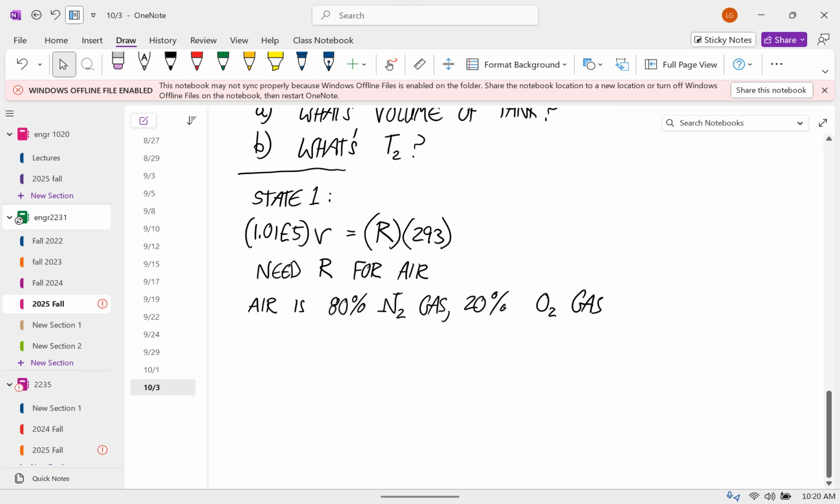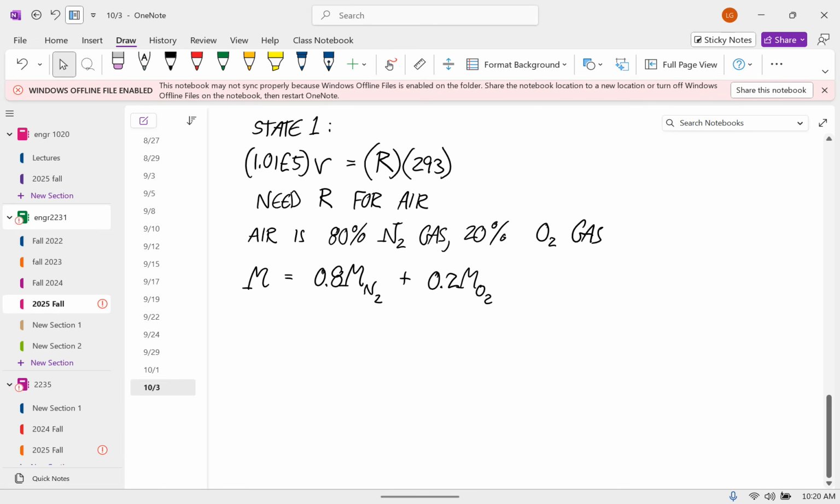So we can think of the total mass per mole as 0.8 times the mass per mole of N2 gas plus 0.2 times the mass per mole of O2 gas.